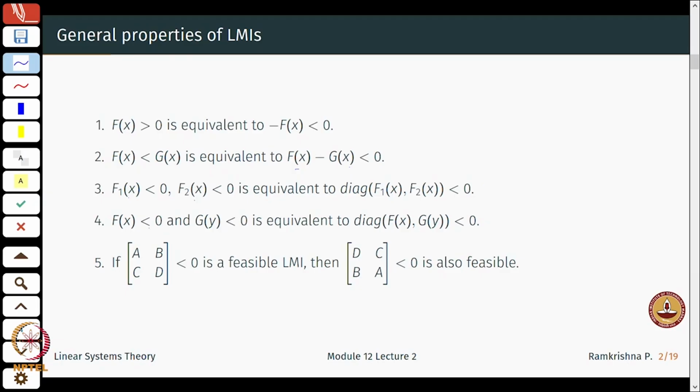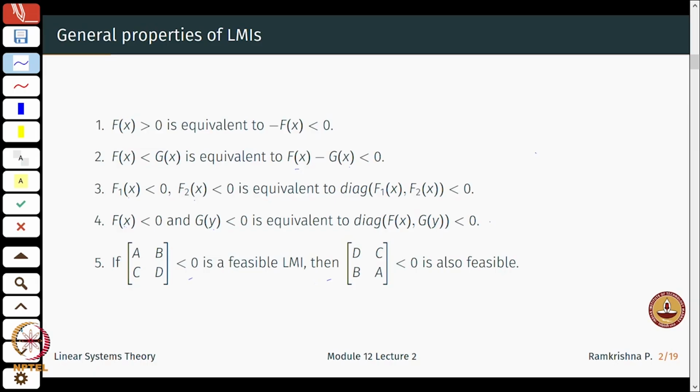Similarly, if I have LMIs in two different variables, f of x is less than 0 and g of y is less than 0, then I can say that the diagonal of f of x and g of y is less than 0. Similarly, if this LMI is feasible, then this LMI is also feasible.